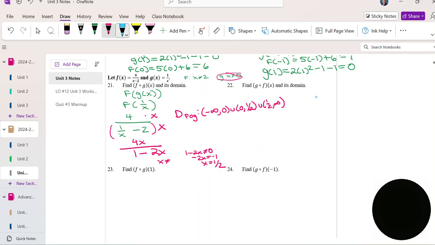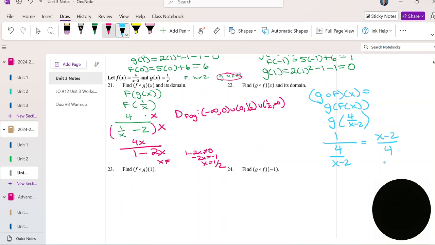So now, if we look here, g of f of x, so f of x is 4 over x minus 2. So we have 1 over 4 over x minus 2. So basically that means we're just going to flip the fraction, so it's x minus 2 over 4.